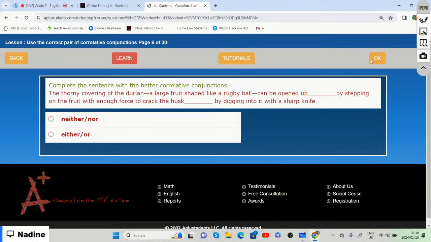All right, so we have the thorny covering of the durian, a large fruit shaped like a rugby ball, can be opened up either by stepping on the fruit with enough force to crack the husk, or by digging into it with a sharp knife.